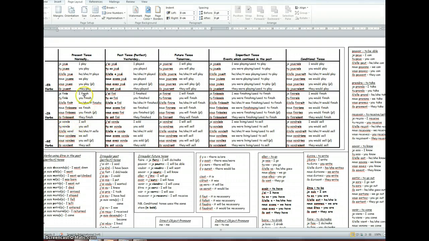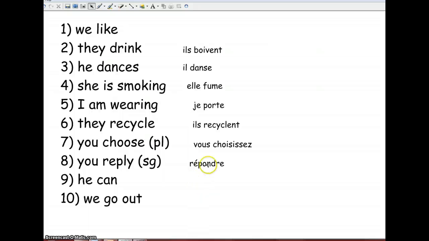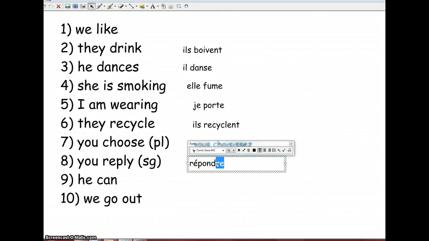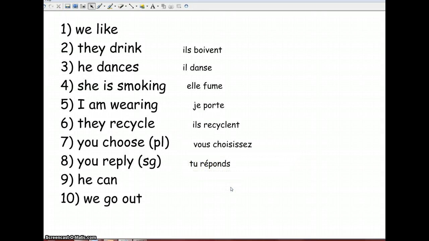For all of the RE verbs it is different to the IR ending, which is IS, and different to the ER verb ending, which is ES. Just an S if it's an RE verb. Therefore, simply take off the RE, put on that S, and the word you at the beginning, tu réponds.